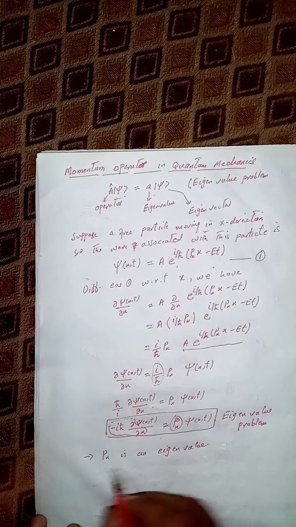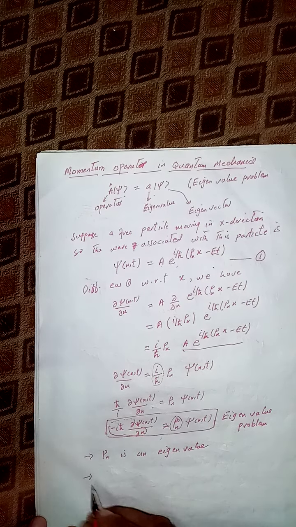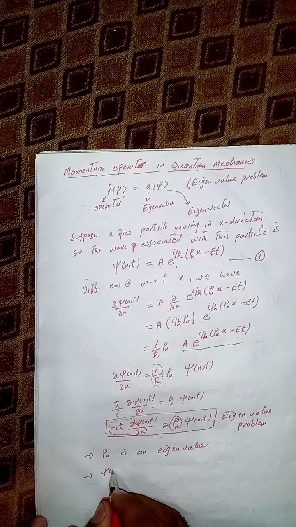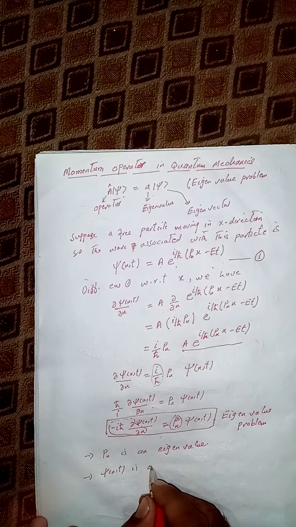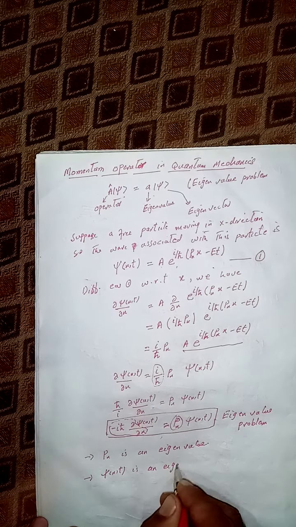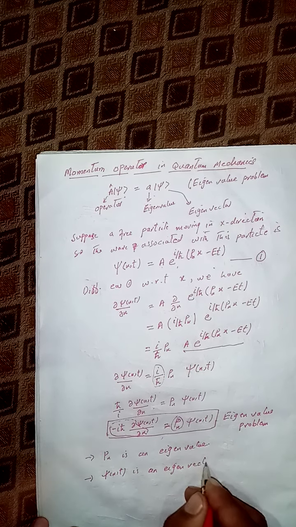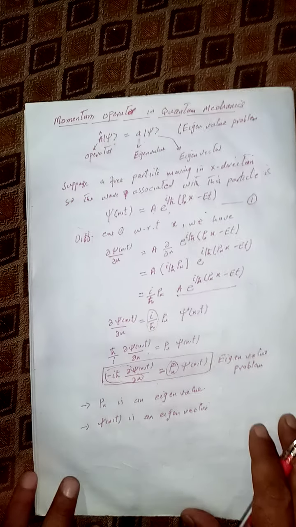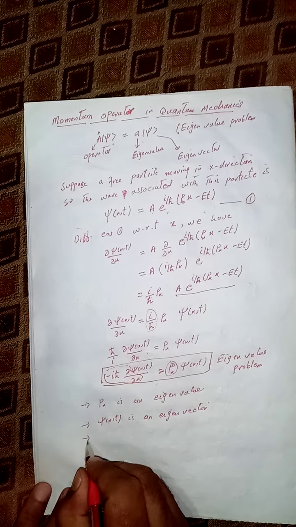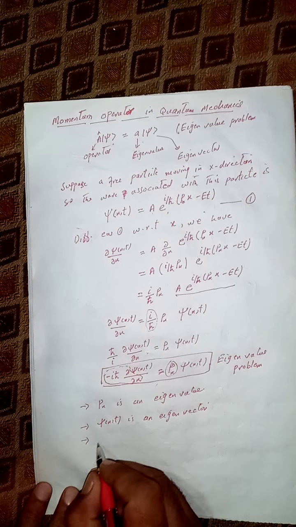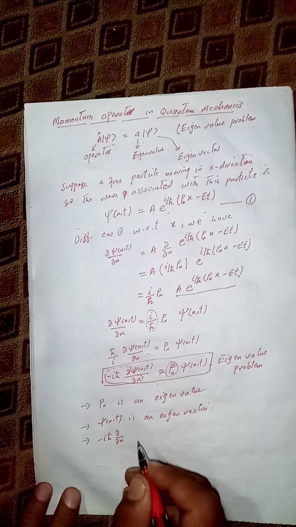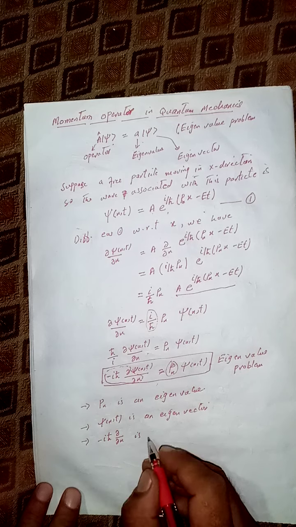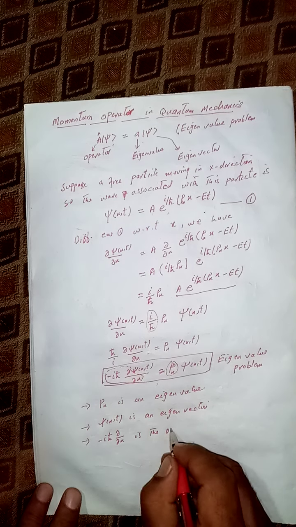Similarly, psi of x and t is an eigenvector. And minus iota h bar partial by partial x is the operator.